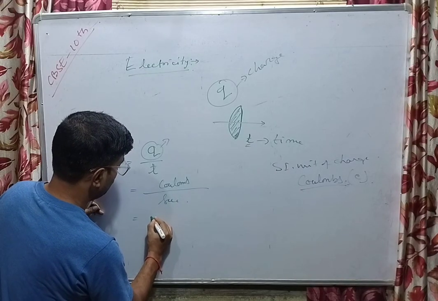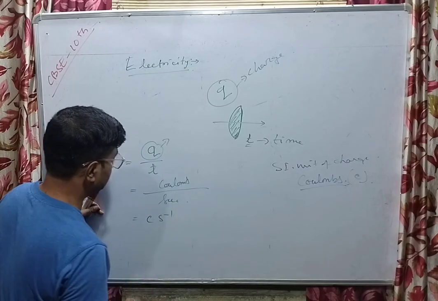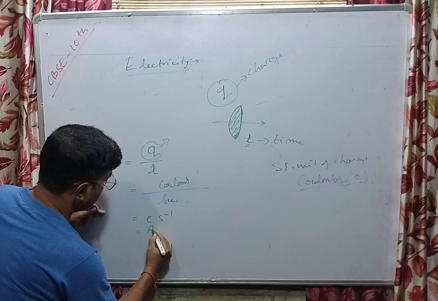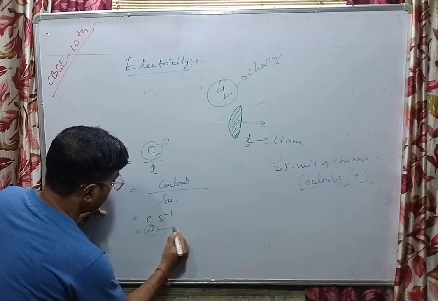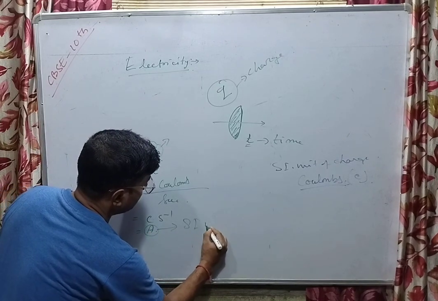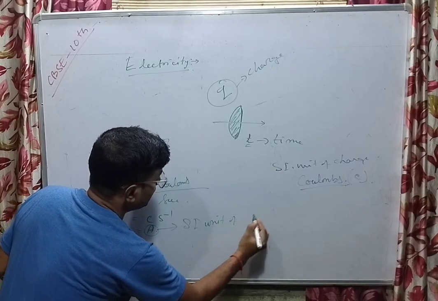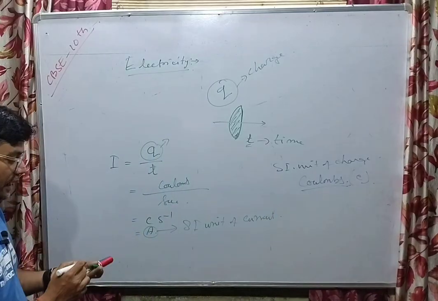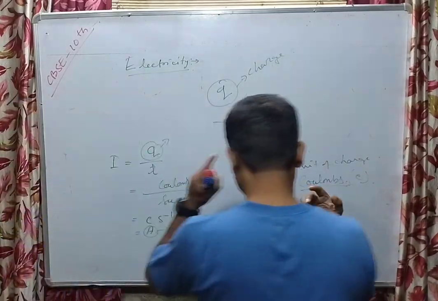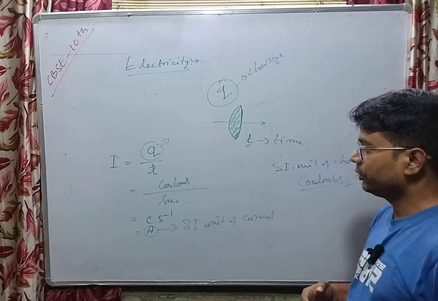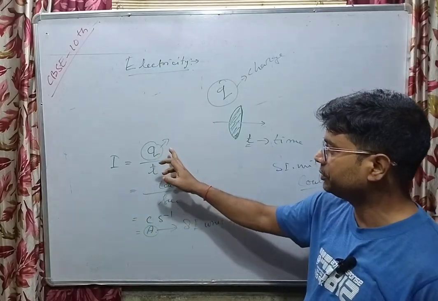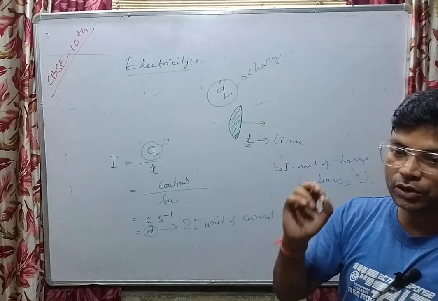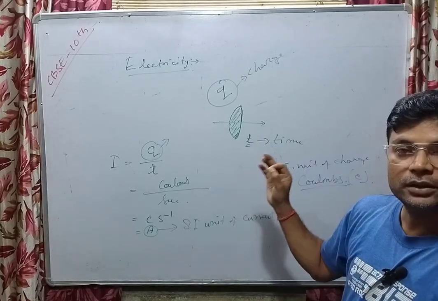That is, coulomb per second is equal to ampere, and ampere is the SI unit of current. Okay, ampere is the SI unit of current. So I is equal to what? The amount of charge passed through a conductor in 1 second is the amount of electric current passed through that conductor.